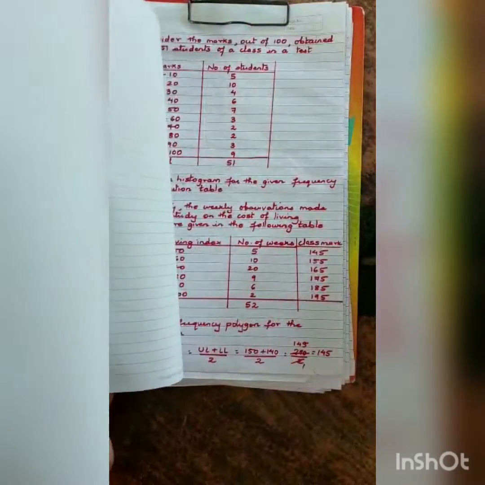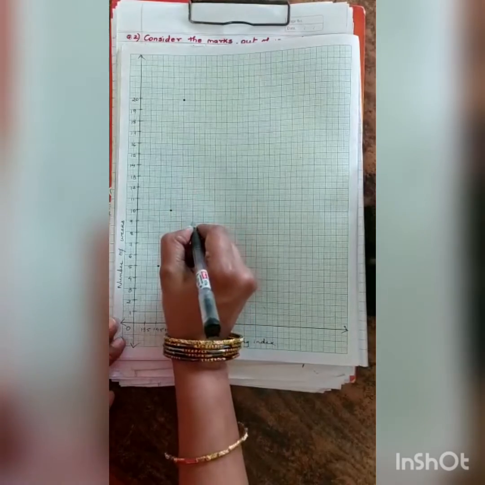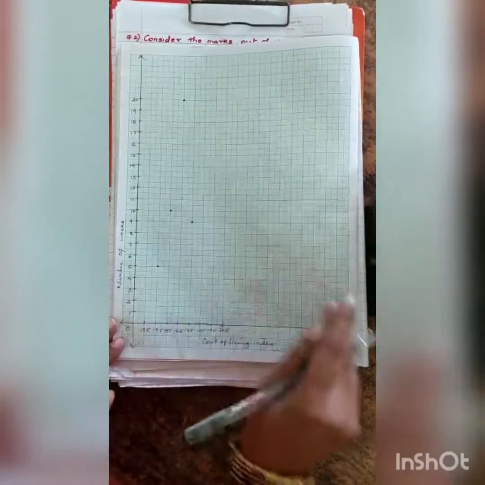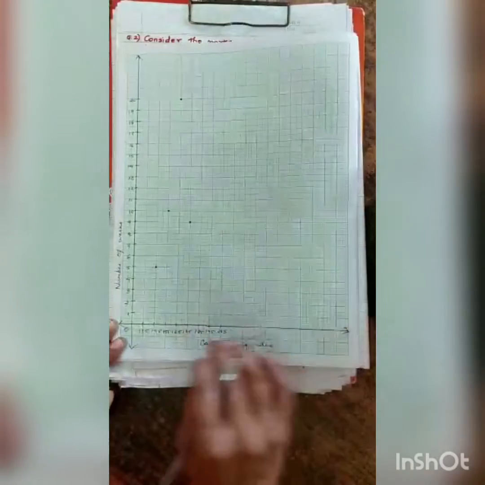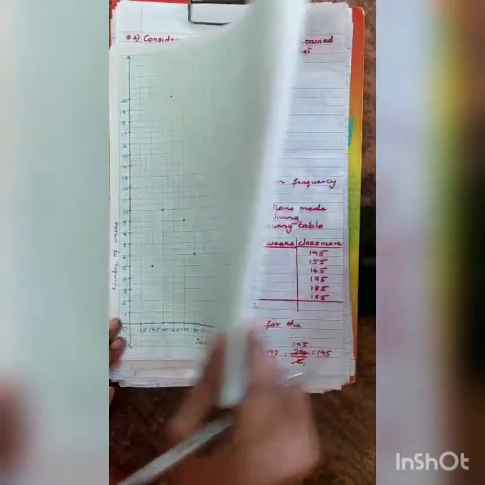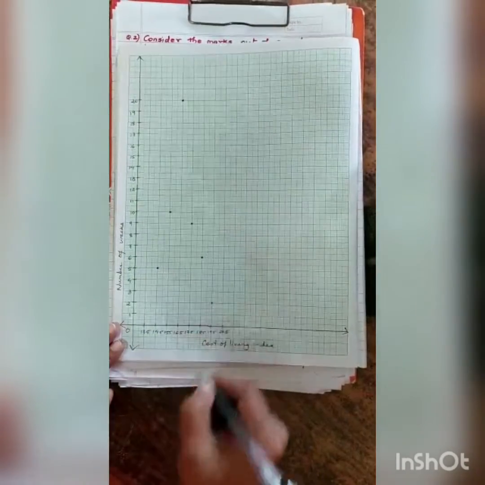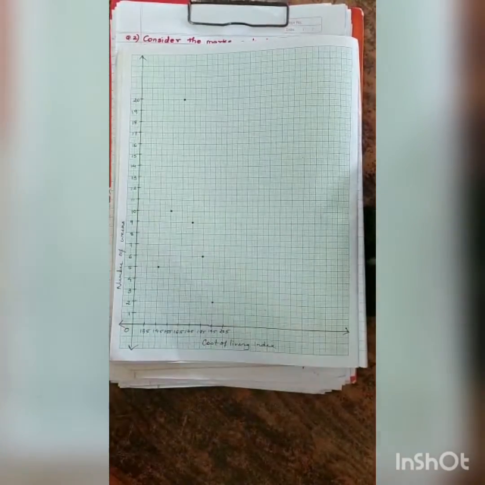Then 175 it is 9. 9 is here. Then 185 is 6. Then 195 is 2. Okay, and then what you do is you join them.